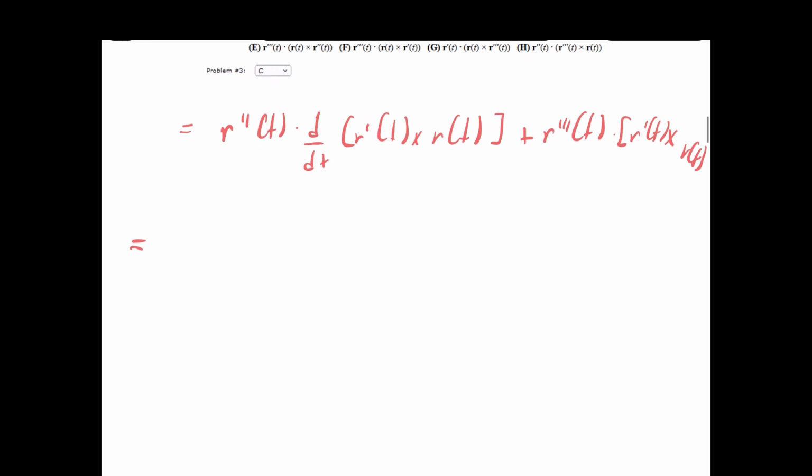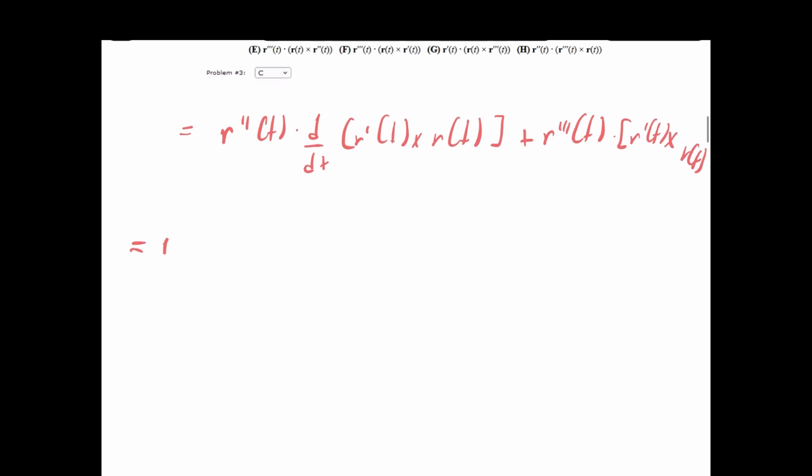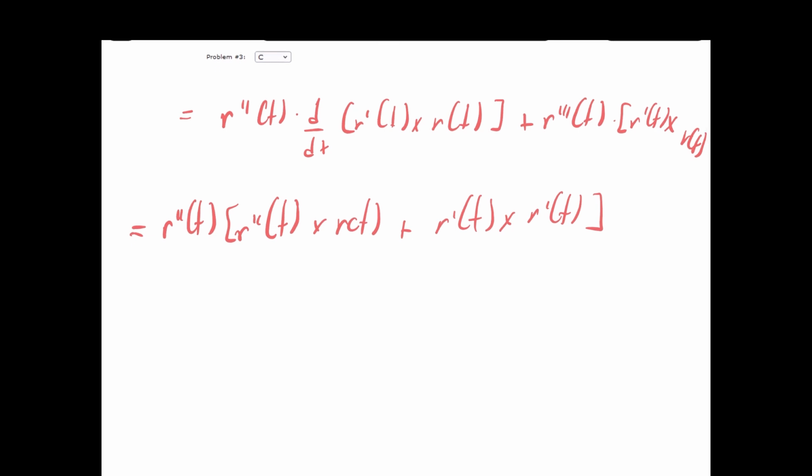Okay, so what we'll have then is we're just going to do product rule again. So we're going to have r double prime at t times r double prime at t cross product r at t plus r prime at t cross product r prime at t. Okay? And you'll realize something really quick here, that this will be 0, and then because you're going to multiply this in as well, it's going to be 0.